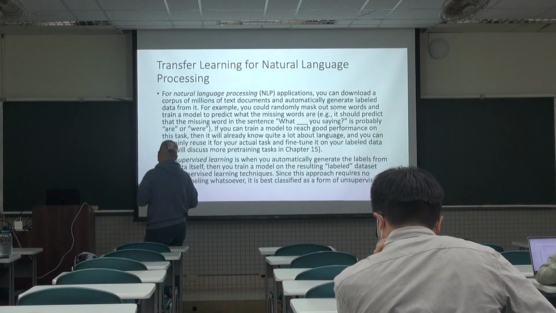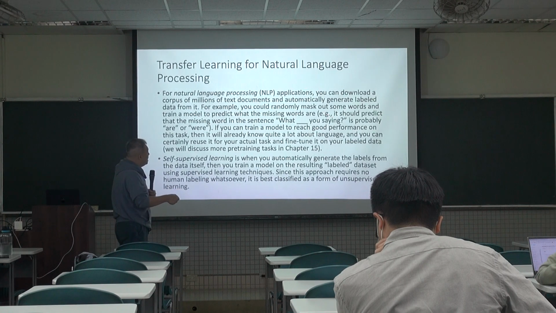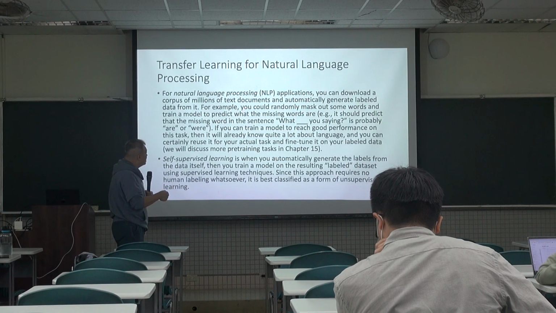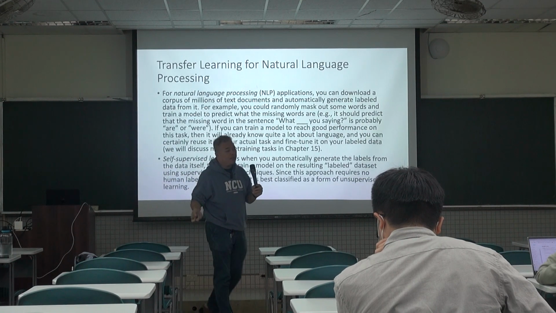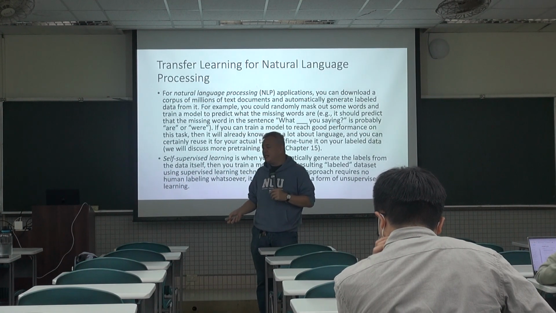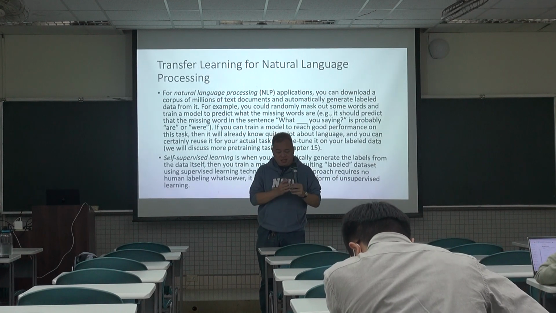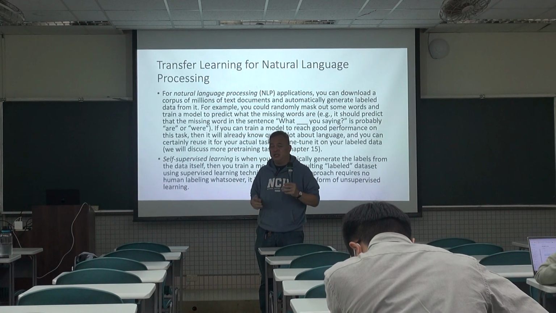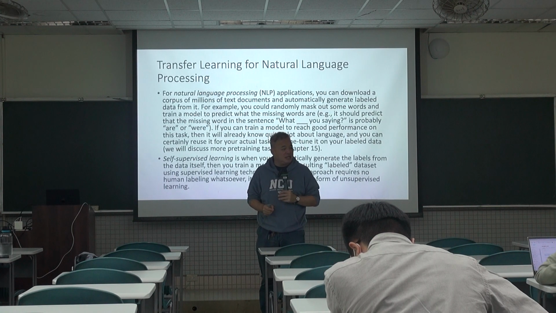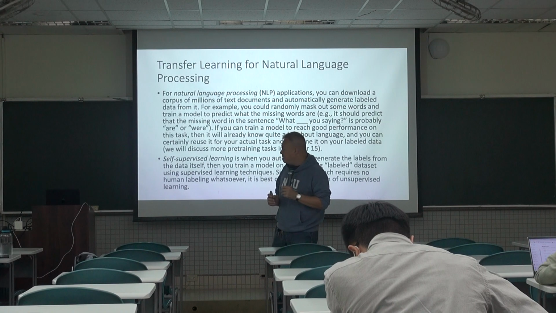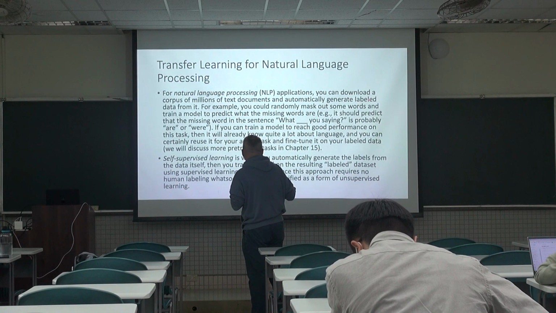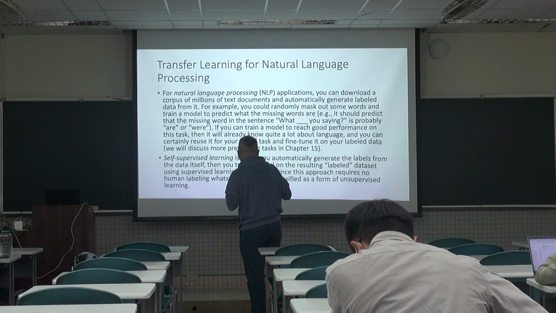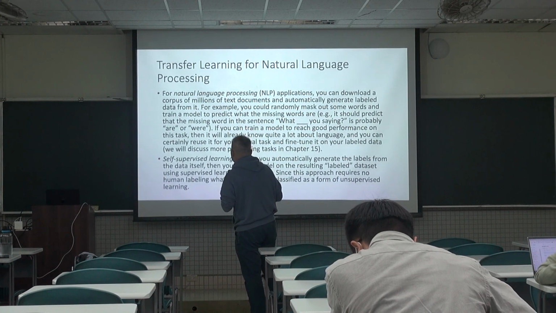For example, we can get a lot of text from the World Wide Web, such as Wikipedia. Wikipedia has a lot of sentences, and you can use a crawler to easily download them. Then you can randomly remove some words from the sentences.